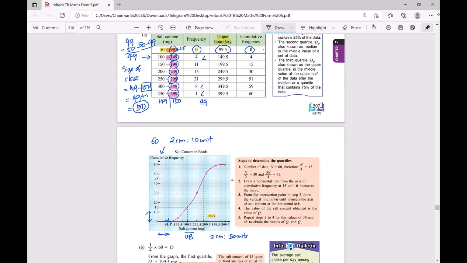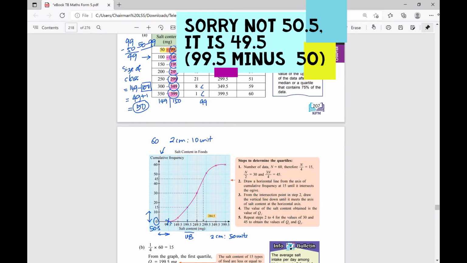This is special for the Ogive, unlike the histogram and frequency polygon. For the y-axis, you start with 0, but for the x-axis, this one actually starts with 50.5.